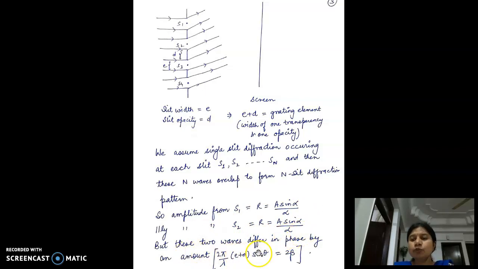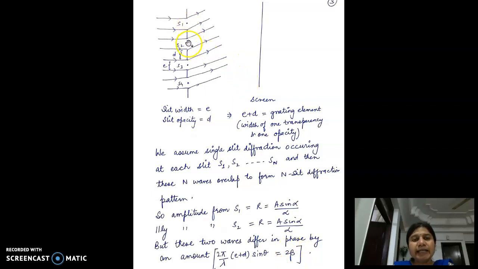But these two waves differ in phase by an amount equal to 2 pi by lambda times (e plus d) sine theta, and we are calling it specially 2 beta. Whatever is coming from S1 and S2 are equal in amplitude, but there is a phase difference between them of 2 beta.